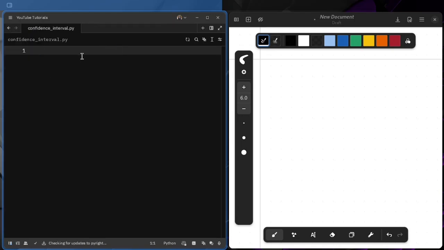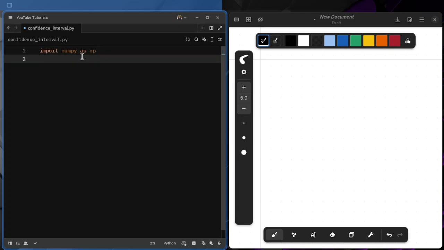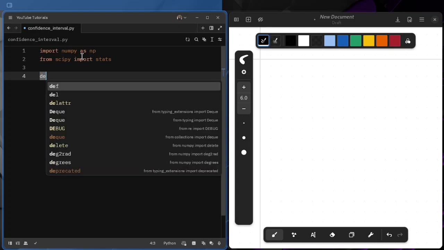Make sure that you have some libraries installed, because we'll be using NumPy and we'll be using SciPy to calculate the values. Now the function is very simple. We have to simply find the mean, then we have to find SCM, then we have to find the critical value, and then we are going to add and subtract the value from the mean. So let's write the function.